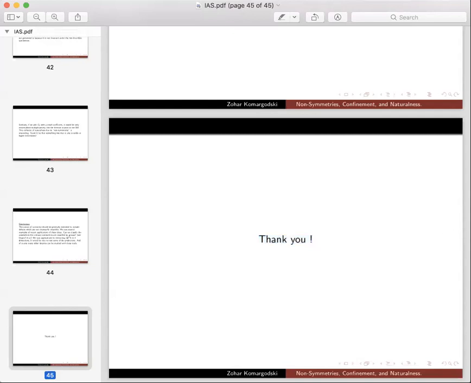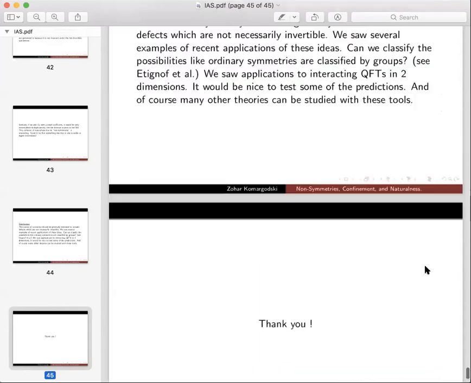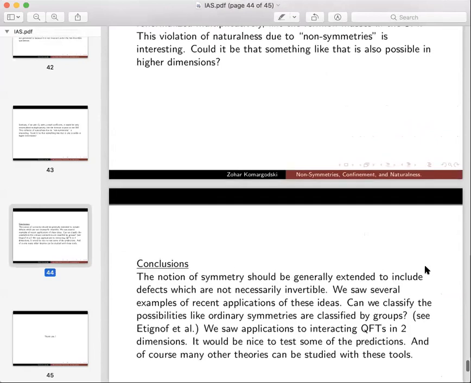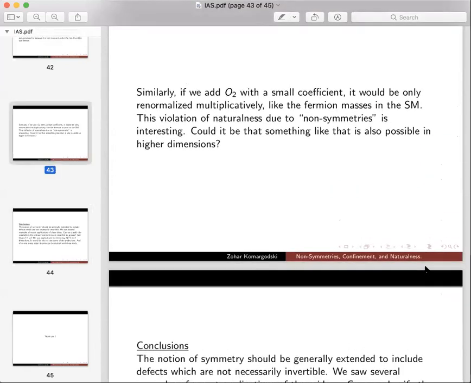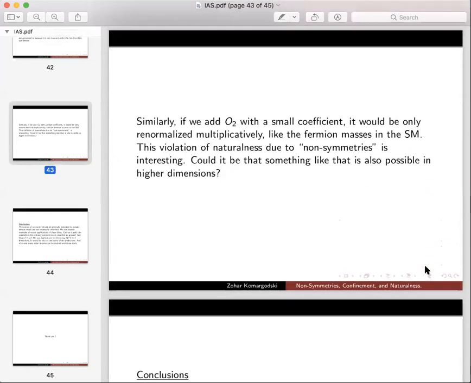Yeah, sure. About your last comment about the naturalness of the double trace operator, is this still true in higher dimensions, or is it special to 2 dimensions? Well, that's an open question. I am not familiar with interesting systems in higher dimensions that have such non-invertible symmetries.